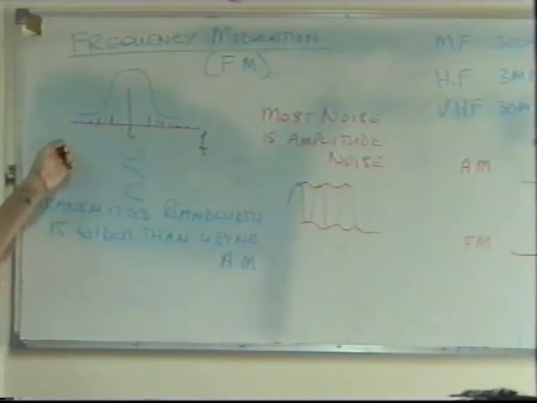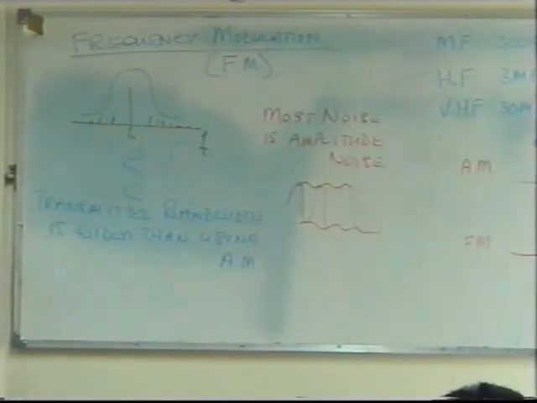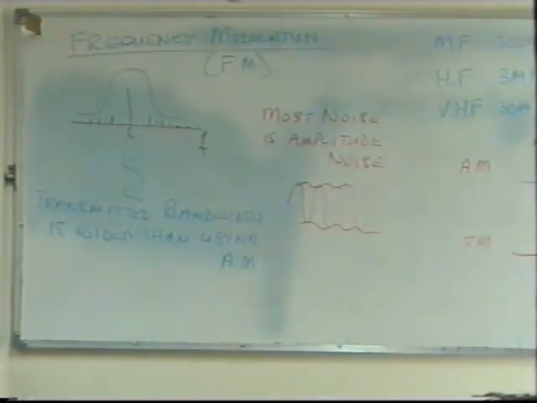Not because of the bandwidth. The bandwidth is a bit of a disadvantage, the wider bandwidth. But it gives me a clearer signal. If you take radio broadcasts as an example, on the VHF band of your radio, most of your broadcasts are in FM, aren't they? They talk about FM, VHF more or less in the same breath.